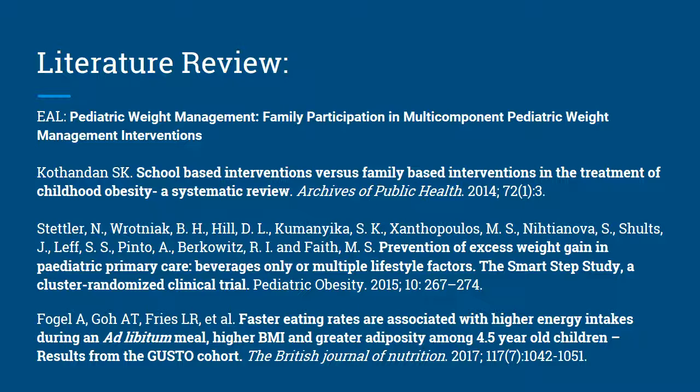I then looked at prevention of excess weight gain in pediatric primary care, beverages only or multiple lifestyle factors. And the last article I looked at and reviewed was faster eating rates are associated with higher energy intakes during an ad libitum meal, higher BMI, and greater adiposity among 4.5-year-old children.